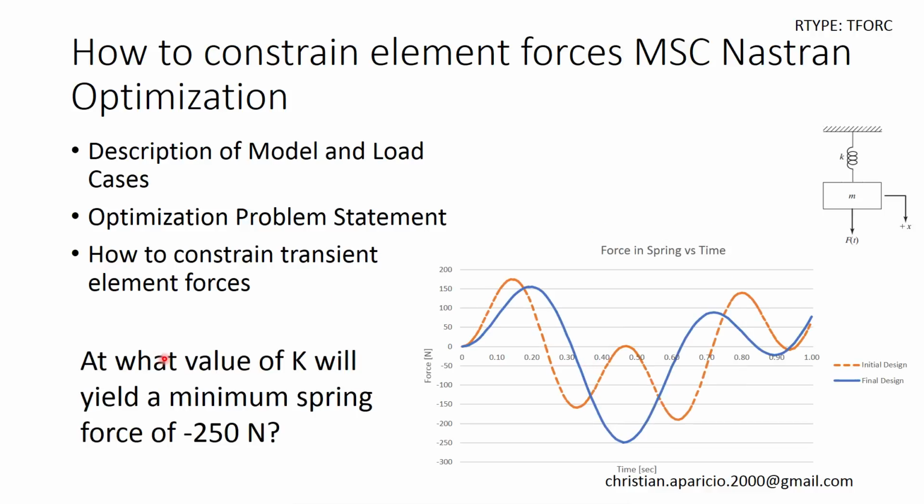Right now, the question I'm looking to answer in this video is, what value of the stiffness, or K, will give me a minimum spring force of negative 250 newtons? So basically, I'm asking, how soft can I make the springs so I have a compression load of no more than 250 newtons, and we'll be using the Nastran optimization capability to answer this question.